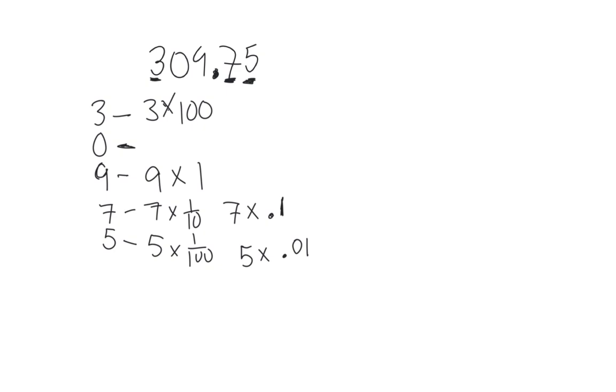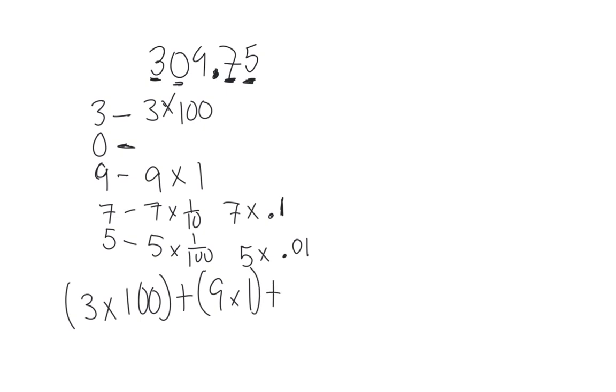So now we are going to write this entire number in expanded notation. Since we have all our numbers here, all we're going to do is write the largest number first. So we will write, and remember to use your parentheses. This is just to separate your numbers. So you have 3 times 100, close the parentheses, and then add. You don't have anything for the tens place, so you will leave that blank, and you skip over to the next number, which is your parentheses, 9 times 1, close parentheses.